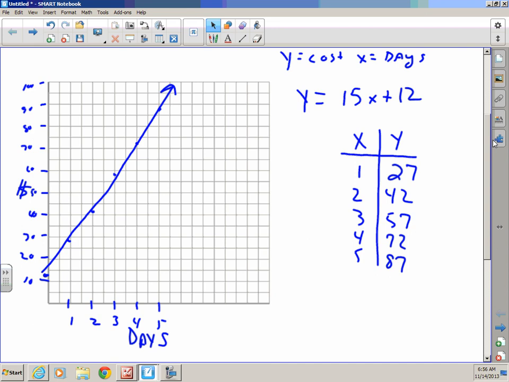You're not going to have partial days. So that's the graph of this particular relationship. And you'll see that when we put the equation together, it was in y equals form. We clearly had an independent variable, days, and a dependent variable.